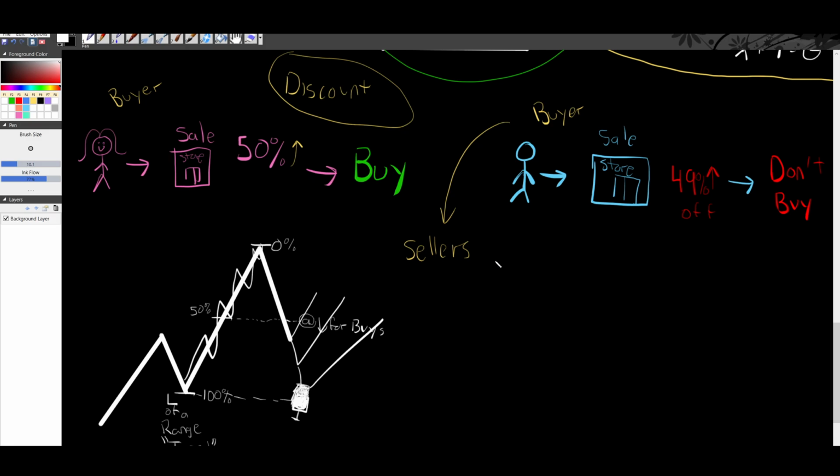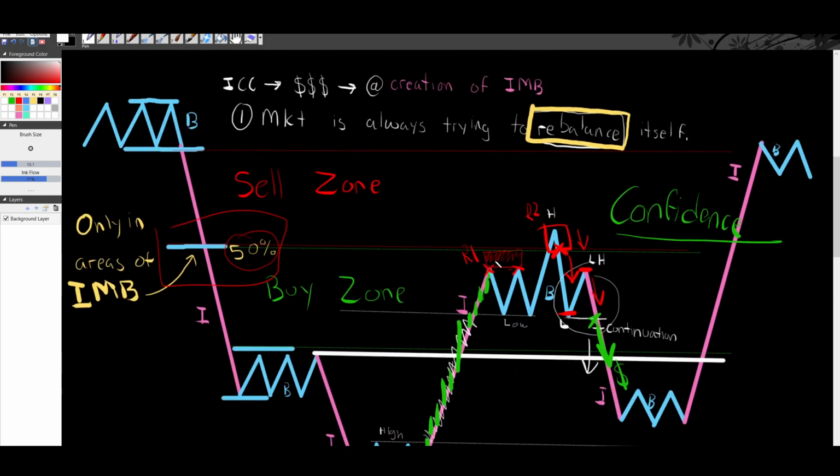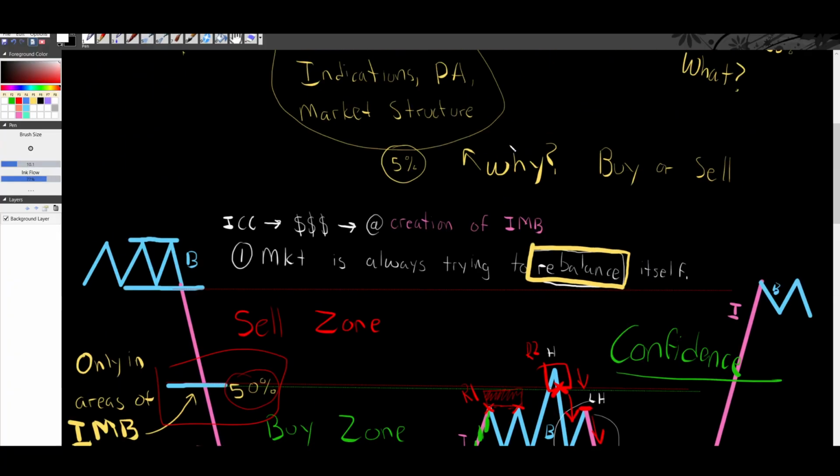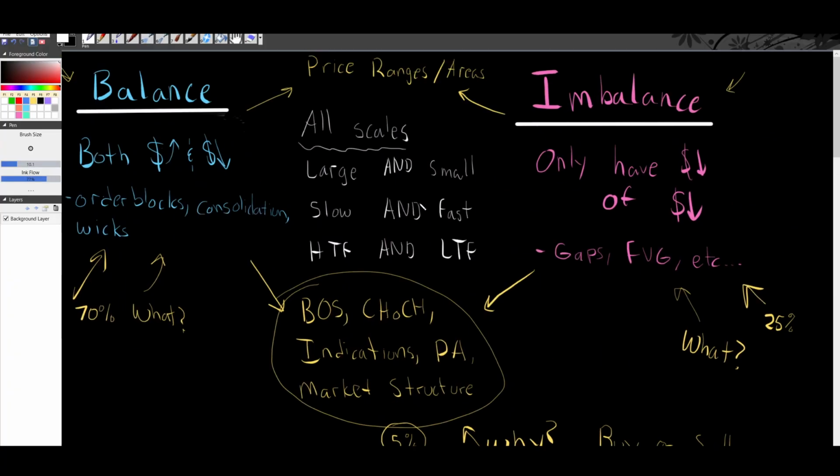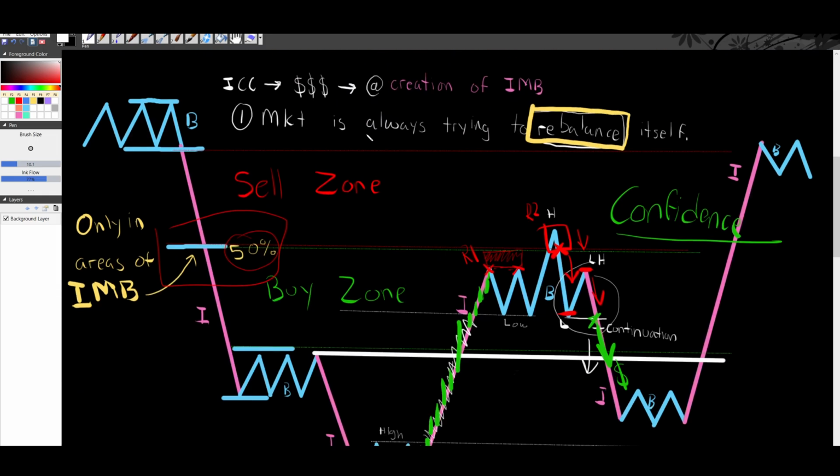Because now we're starting to draw this full circle. This concept is happening on large and small scales. On slow scales, which might take a 1 hour or 4 hour chart to analyze, or fast scales that you might see happen on a 1 minute chart, 5 minute chart, or from candle to candle, because every candle has highs and lows also, high time frame and low time frame.